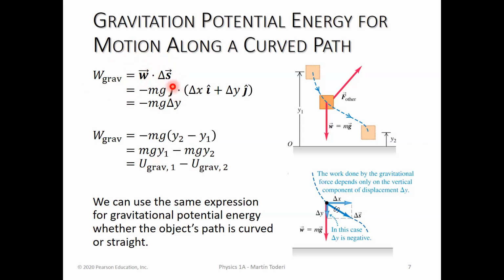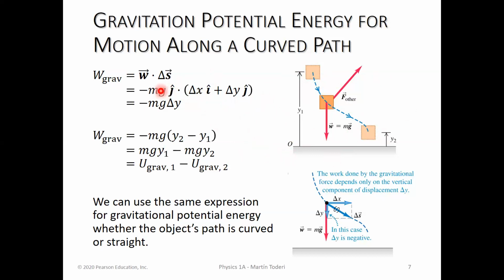So we can write the components in terms of the unit vectors. So we have the vector j. They're not in the graphic, but you know that the unit vector j is parallel to the y direction, and the unit vector i is parallel to the x direction.